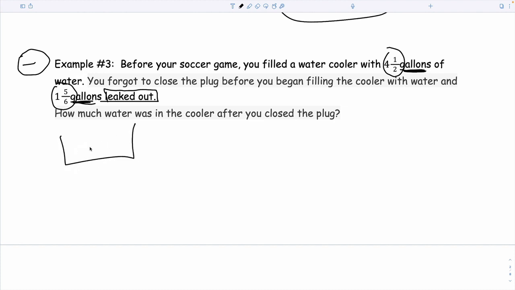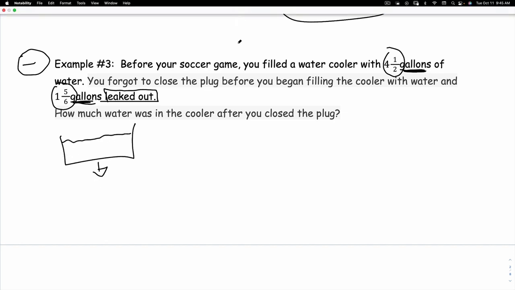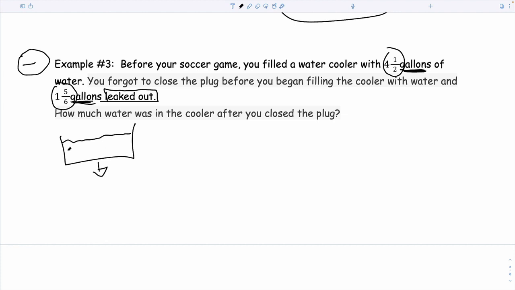There's the cooler, and I'm looking for how much water is in the cooler after it leaks out. There's before. And then it leaks out to have that much. 1 5/6 of the water leaks out. So I'm going to take away 1 5/6 from 4.5.